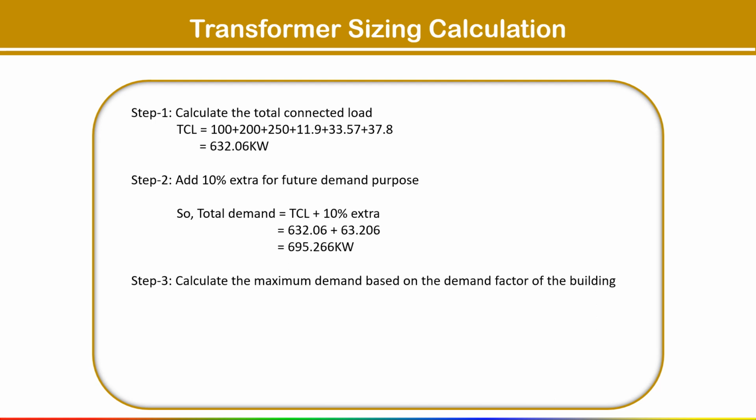Here we need to calculate the maximum demand based on the demand factor of the building. Now what is demand factor? It is the ratio that compares the maximum demand on a system to the total connected load. In simpler terms, the demand factor indicates how much of the total connected load is expected to be in use simultaneously during the peak demand period.